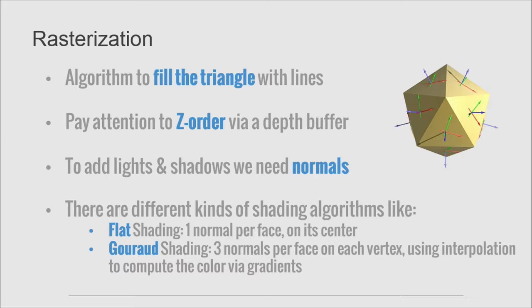The simplest one is flat shading, where you've got one normal per face at its center, like you can see on the schema on the right. Then you've got Gouraud shading, where you have three normals per face, one on each vertex. Using some interpolation techniques, you will be able to compute the various colors using gradients, making the triangle feel smoother.